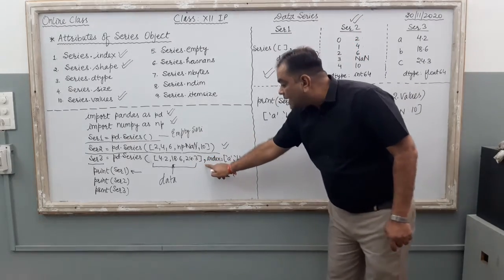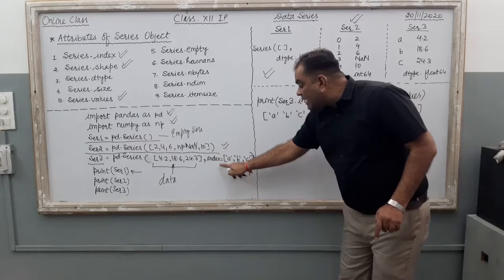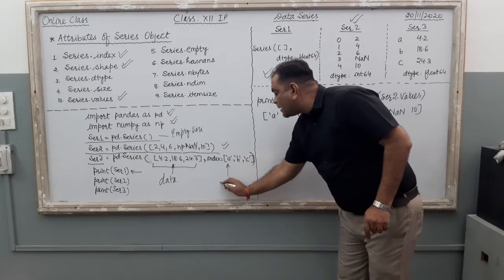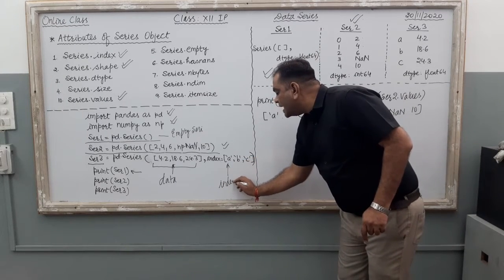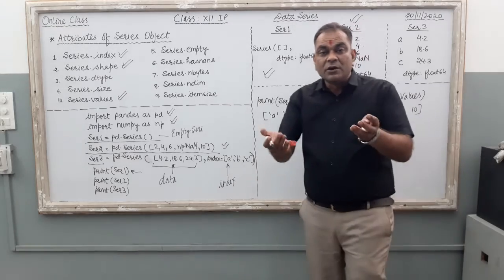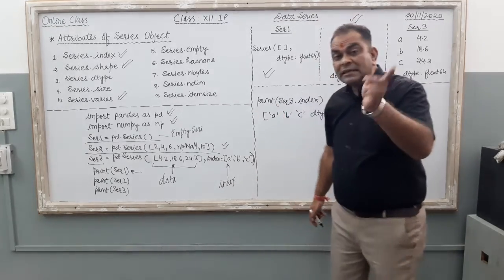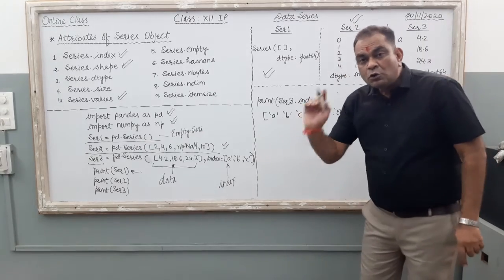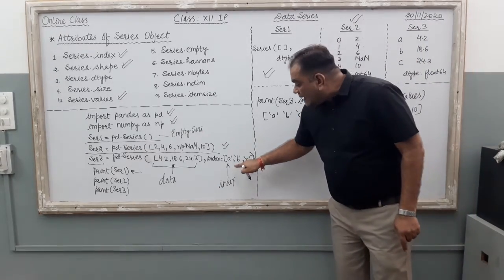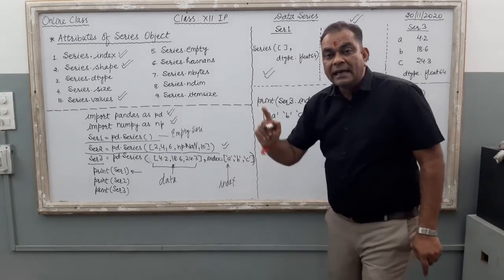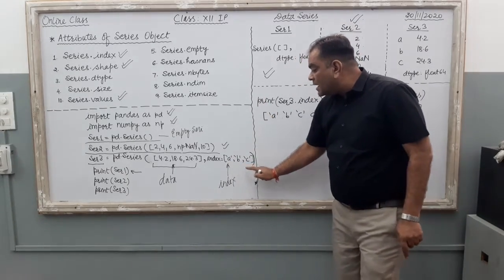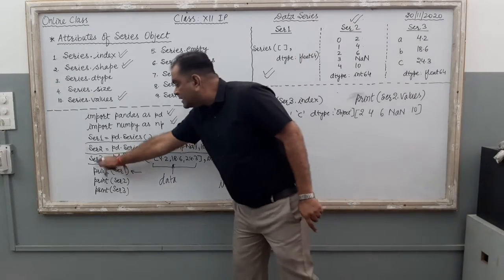This is the data part. Then comma, then index equal to, it is the index part. अब क्या होगा? अगर आपने अपना इंडिविजुअल इंडेक्स दे दिया तो कंप्यूटर 0 1 2 3 4 वो वाला इंडेक्स अप्लाई नहीं करेगा. Now computer is restricted to give your index values to the series. इंडेक्स हो जाएगा कि A B C and here it is the series 3.